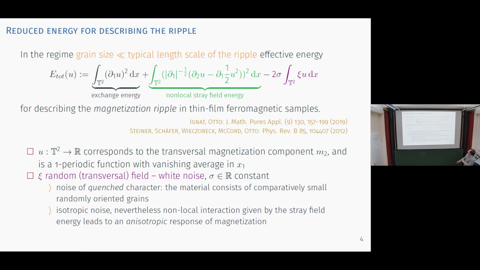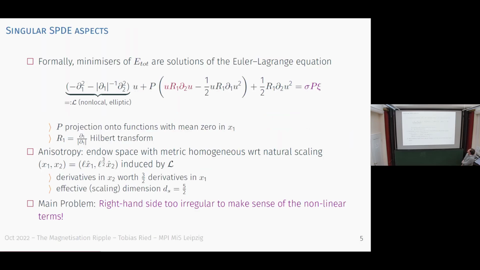Otherwise, the stray field energy is infinite, so that's something I will always assume. That's where this projection of the functions with zero average in x1 comes from, and I used the notation R1 for the Hilbert transform, so |D1| is the modulus of D1.